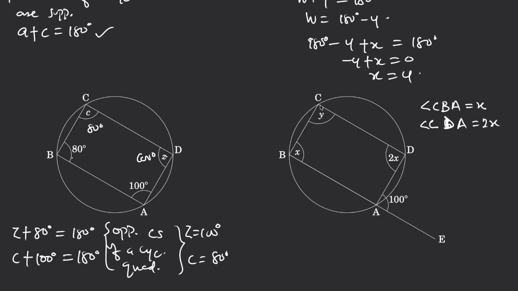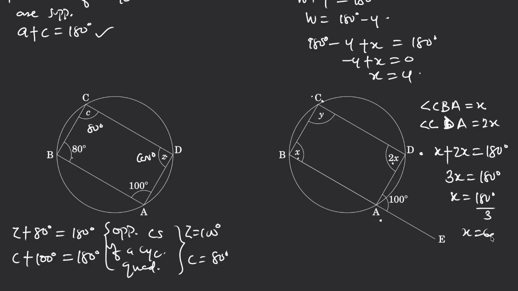So CDA and CBA, x and 2x, are supplementary angles. So x plus 2x is equal to 180 degrees. So this is 3x equals 180, and then x equals 180 divided by 3.